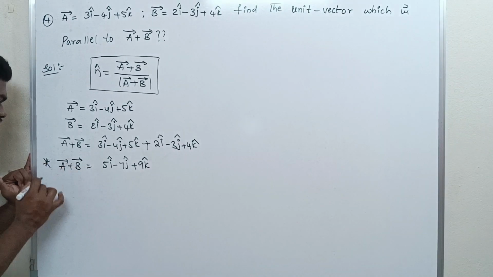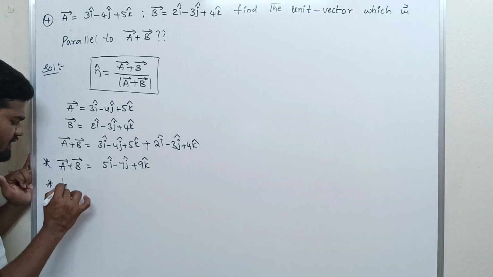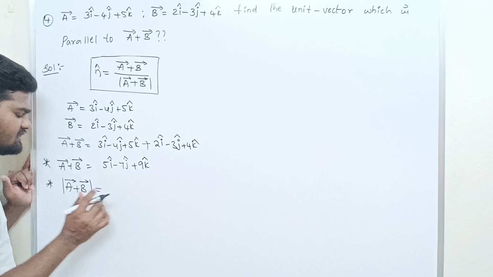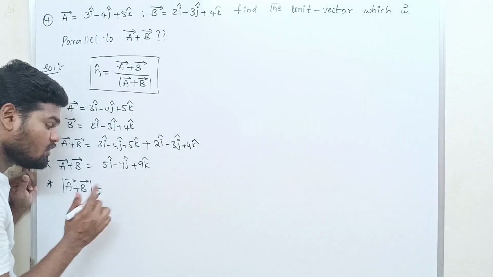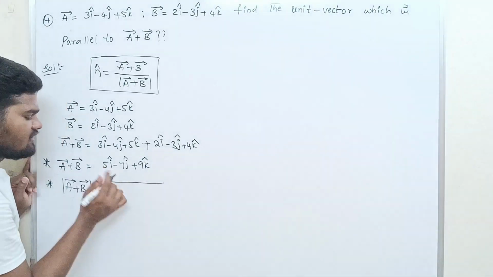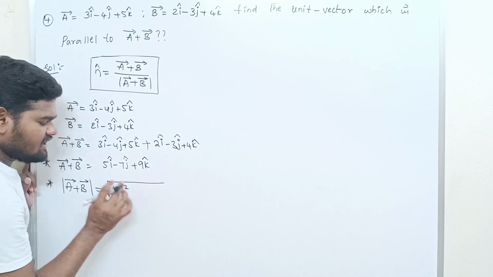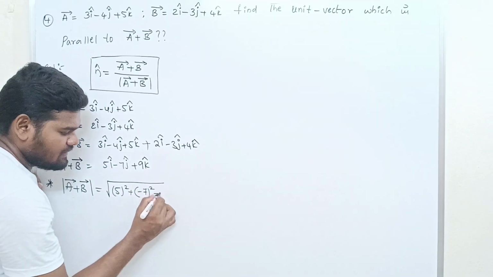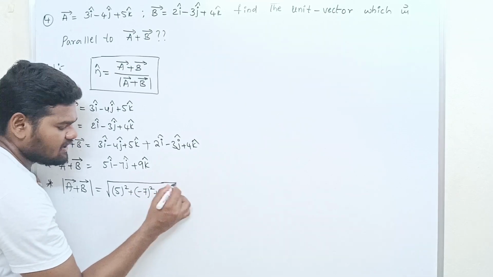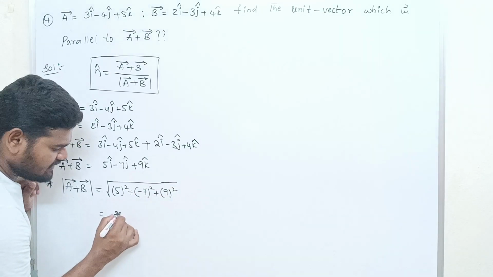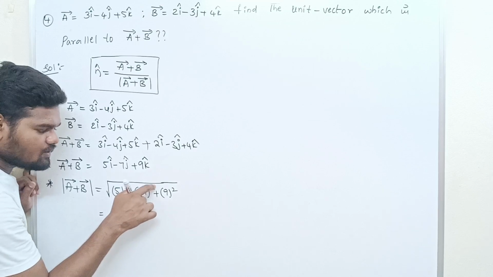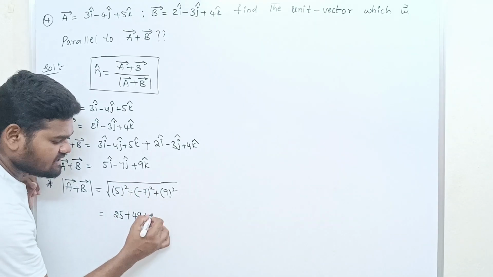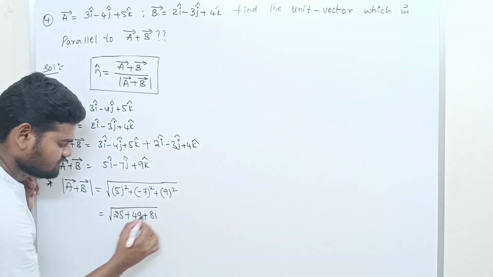So next what we have to find? We have to find the magnitude of a bar vector plus b bar vector. So magnitude of a bar plus b bar, how to find? Under root of coefficient of i cap square plus coefficient of j cap square plus coefficient of k cap square. 5 fives are 25, plus minus 7 whole square becomes plus 7 sevens are 49, plus 9 nines are 81, under root.